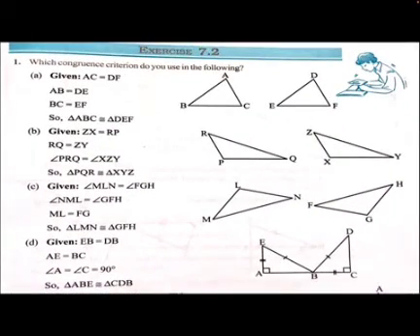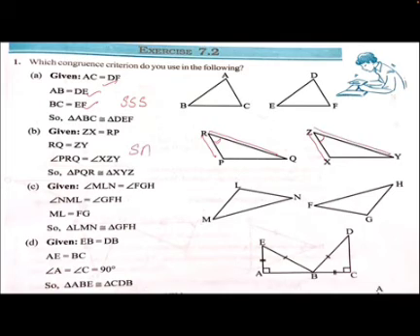Now, in exercise 7.2, children, which congruence criterion will you use in each case? In the first case, all are sides, so it is SSS congruence criterion. In the second case, we have ZX and RP. Which is the angle? It is R, and Z. Which is the side again? RQ and ZY.